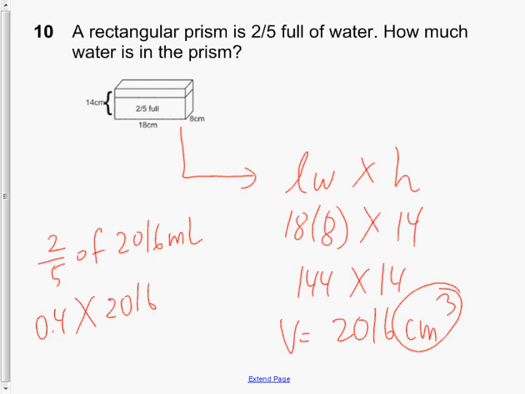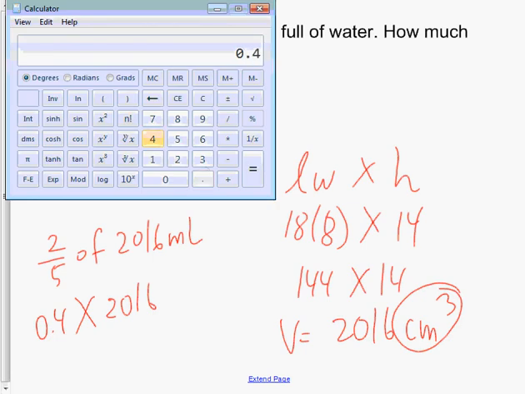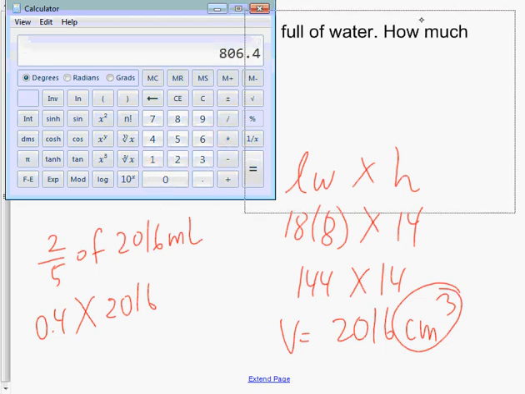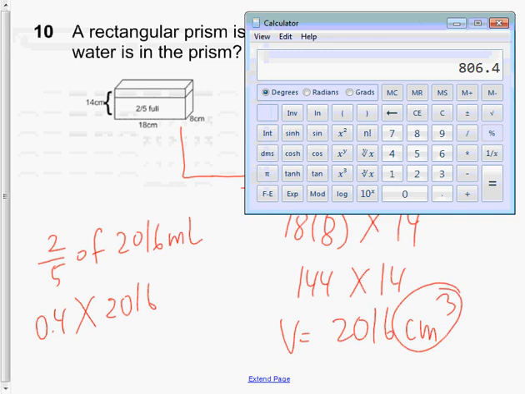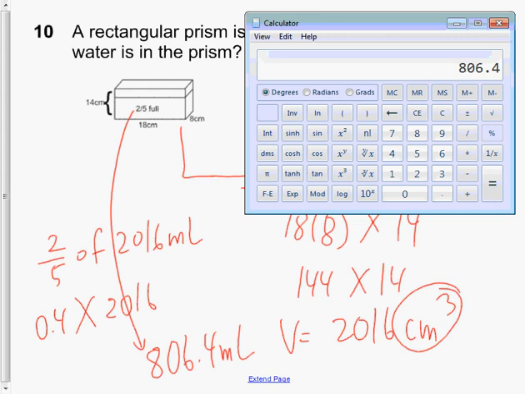Use my calculator to figure out 40%, or 2/5 of 2016 is 806.4. So therefore, the amount of liquid in this, since it's 2/5 full, actually that's a bad picture, isn't it? Because it obviously looks like it's more than half. Yeah, that should be 3/5. Anyway, therefore, the amount of water in that container, since 1 cubic centimeter of space is a milliliter, is 806.4 milliliters of water.